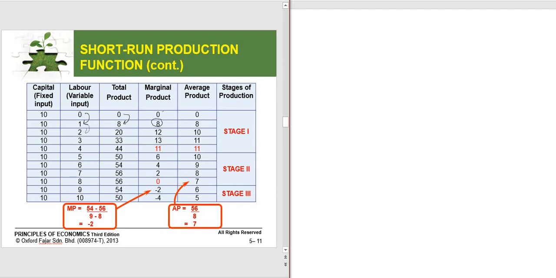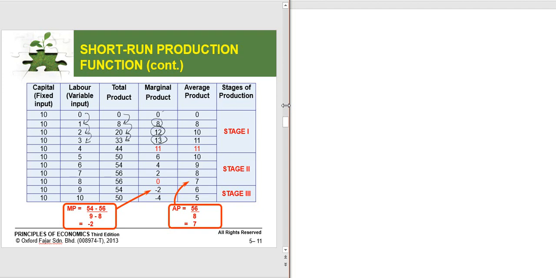When you add 1 more labor, your additional production is 20 minus 8, that is 12. You add another unit of labor, you get additional production of 33 minus 20, so that is 13, and so on. That is how you calculate the marginal product.